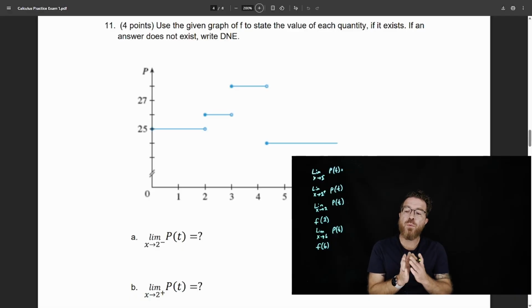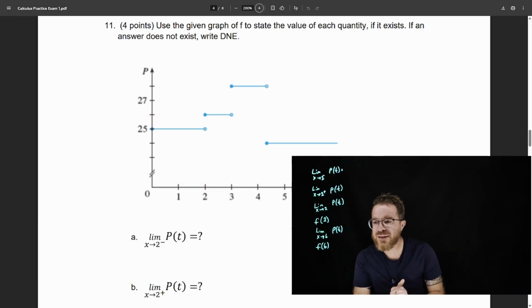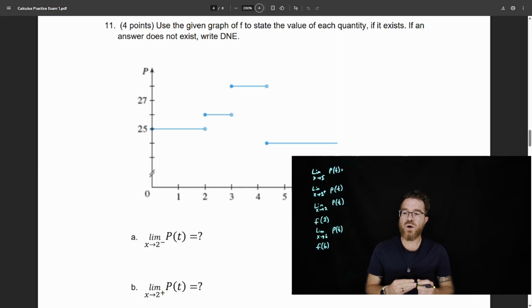On this problem, we have a graph that represents some function, and we're going to be looking to see if the given limits exist and what they're equal to. And if they don't exist, we'll just write DNE for does not exist. So the first one asks us, what is the limit as x approaches 2 from the left on our function? So looking at this graph, as we approach 2 from the left, we are approaching what value?